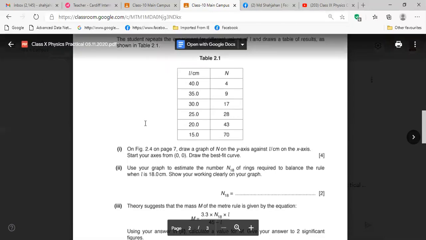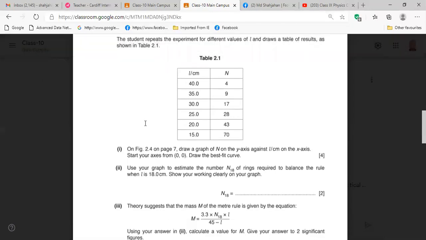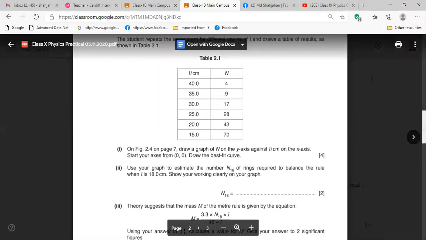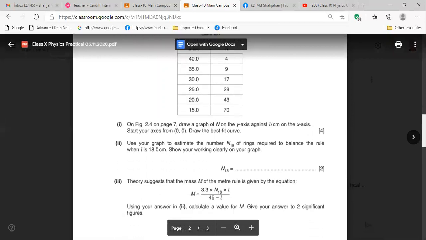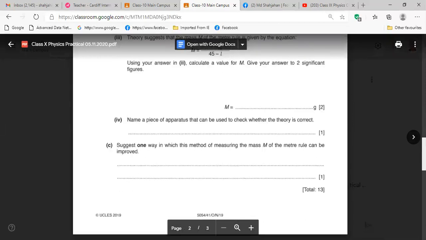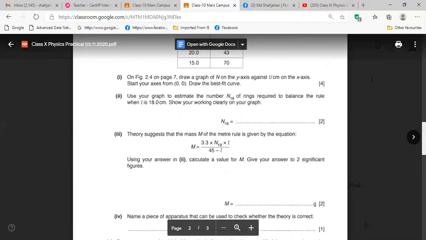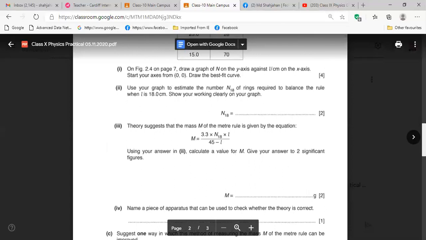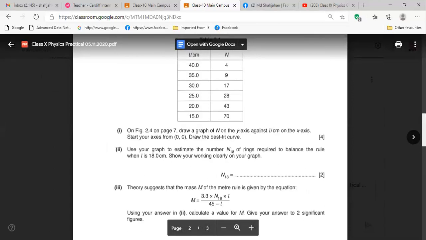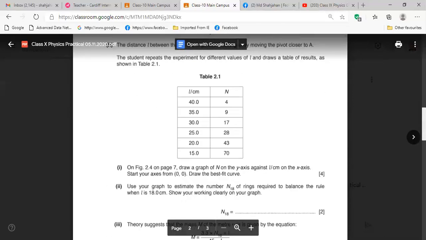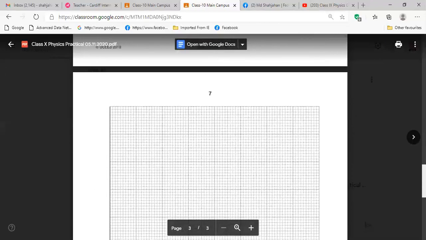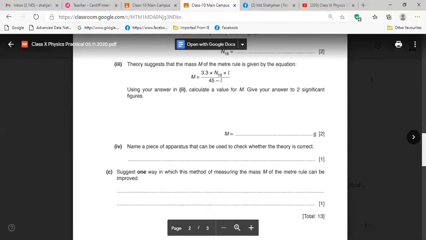So, Aisha, what about your x-axis? How many squares are there in your x-axis? Sir, 20. Our y-axis is 25. Total same.